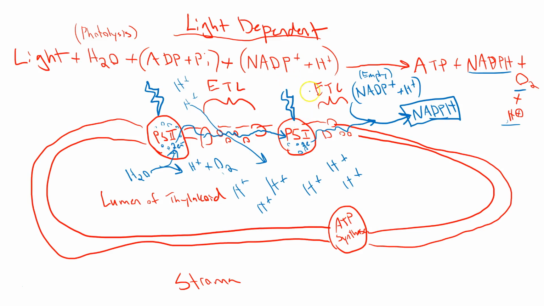Then there's one last thing that needs to happen in this whole dance of biochemical activity, and that is that the hydrogen ions now flow down their concentration gradient through the ATP synthase, and when they do that, they take ADP, add a little phosphate onto it, and it makes ATP.